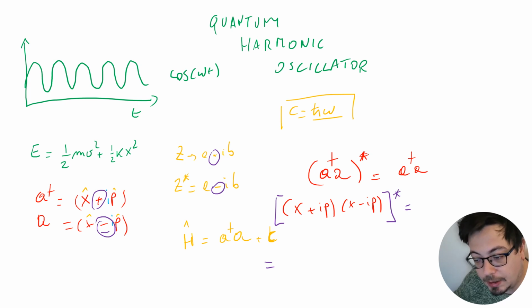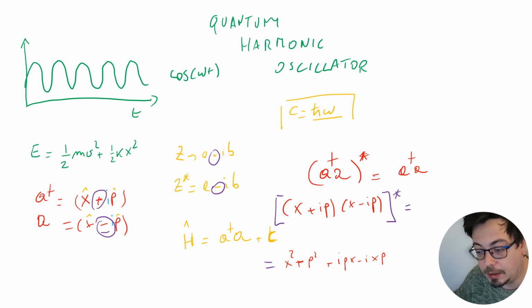So this is x squared plus p squared plus ipx minus ixp, and then we take the complex conjugate of this.